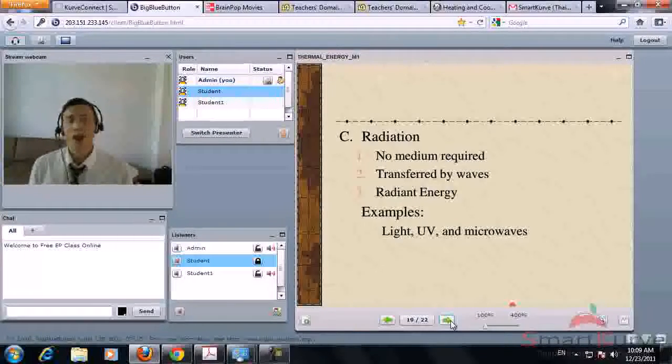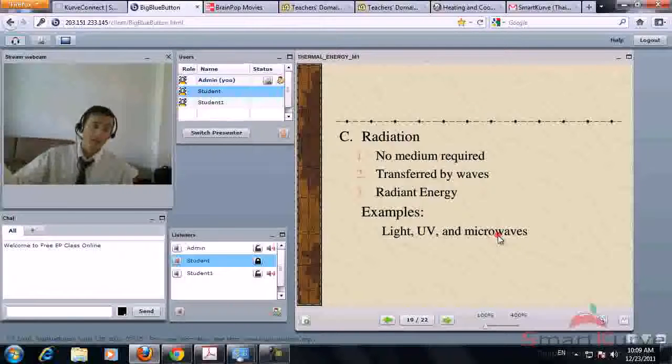Remember, there's no air in outer space. There's no medium to carry that energy. So it's transferred by waves, the waves of photons. And some examples would be light, ultraviolet light or UV, and microwaves. All of these come to Earth from the sun.